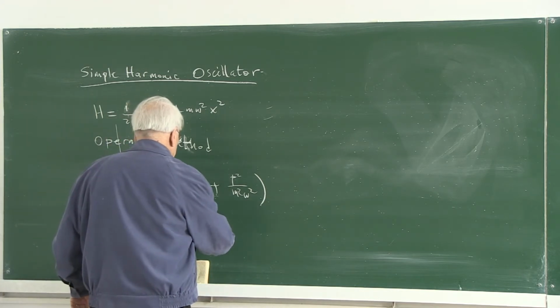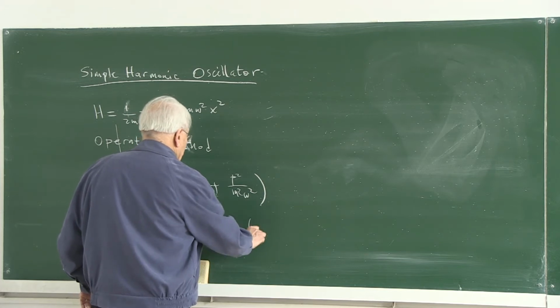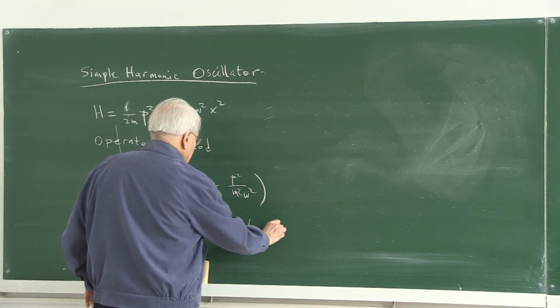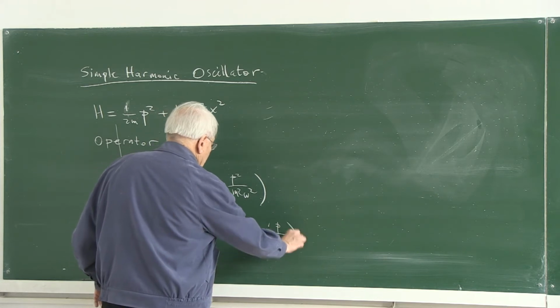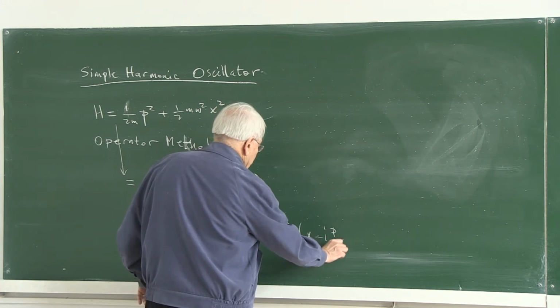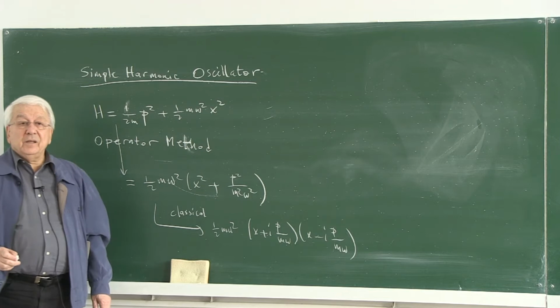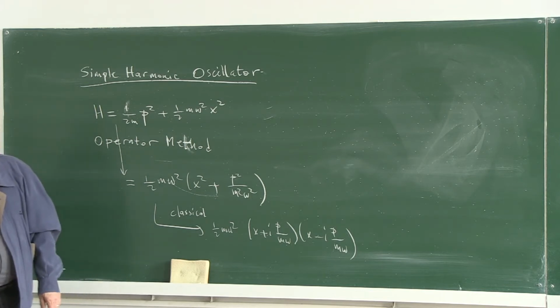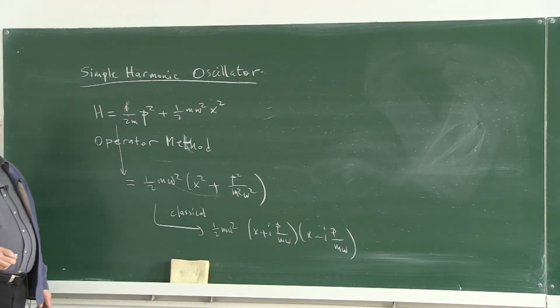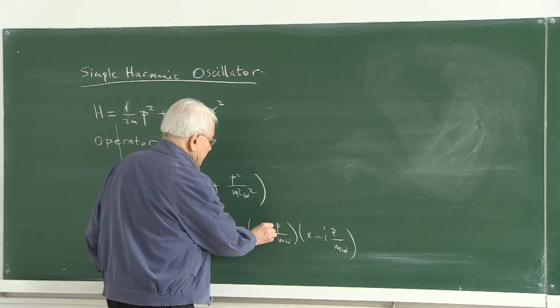I write it as 1/2 m omega squared, then x plus i p over m omega, and x minus i p over m omega. Correct? A plus iB times A minus iB, and when you really multiply them, you get A squared plus B squared, thanks to these i's, the famous i's.